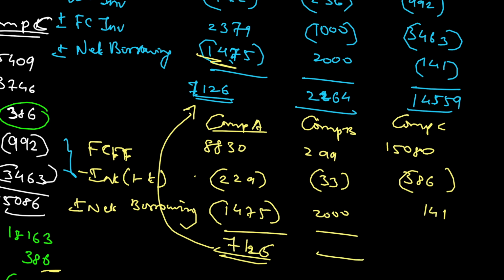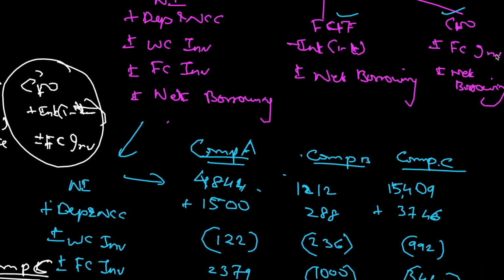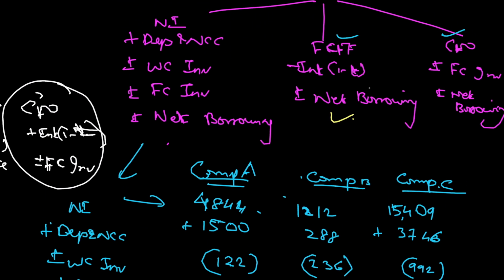Similarly, this will give me 2264, which will match with this number. The third one will give me 14559, which matches. So I have done this using the second formula, free cash flow to the firm.